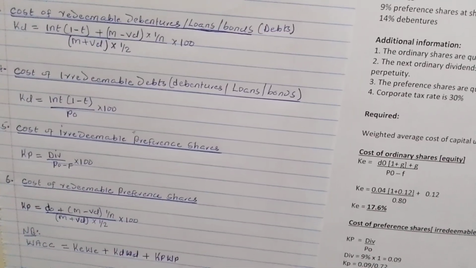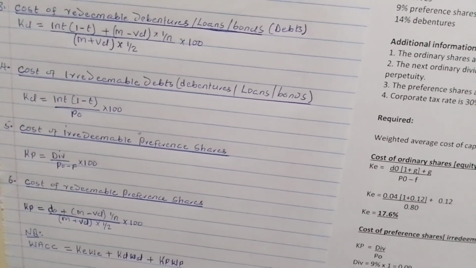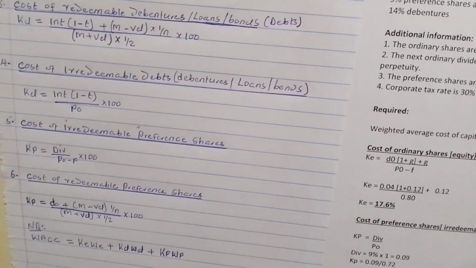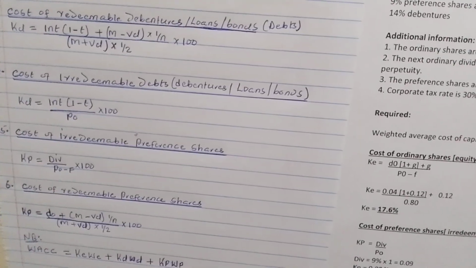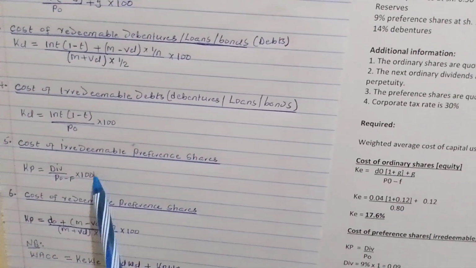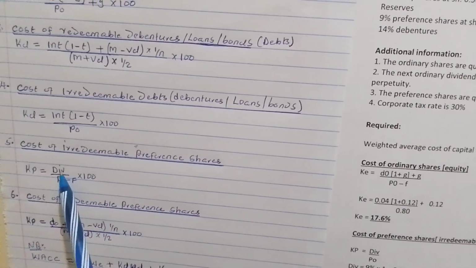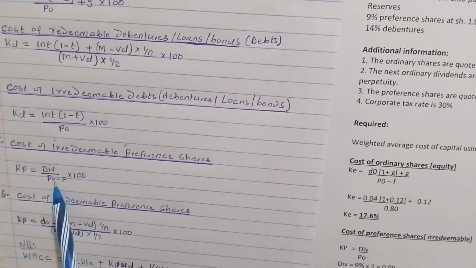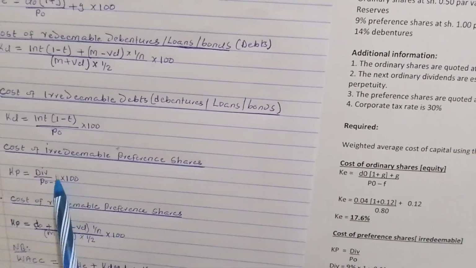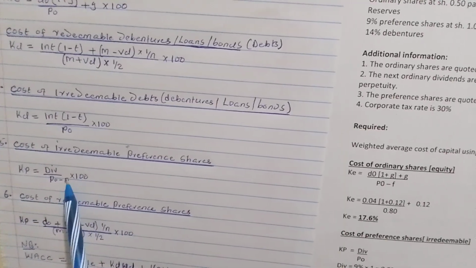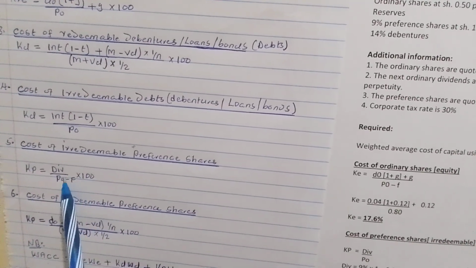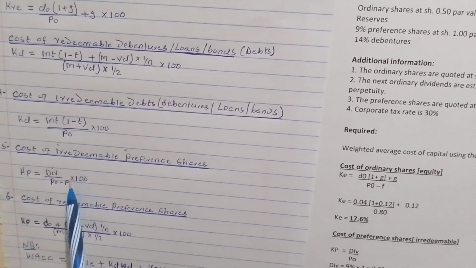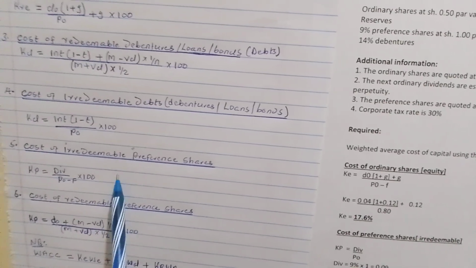They cannot be purchased back in the future by the issuer. Therefore, you'll be taking dividends which have been paid divided by P naught, that is the market value, minus flotation cost. If there is no flotation cost, you just less 0, then you multiply by 100.